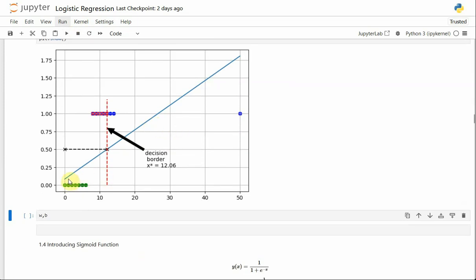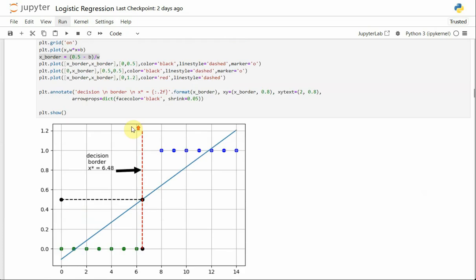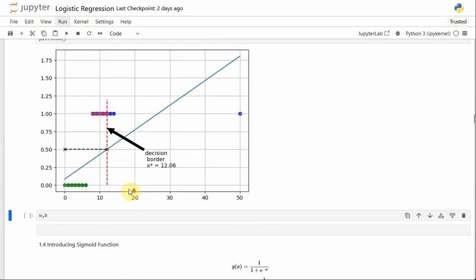Okay, now we have a new straight line which is also going through both classes, but now the slope of this line has drastically changed, and this resulted in the decision border moving from the value 6.48 in the previous case to the new value 12.06.